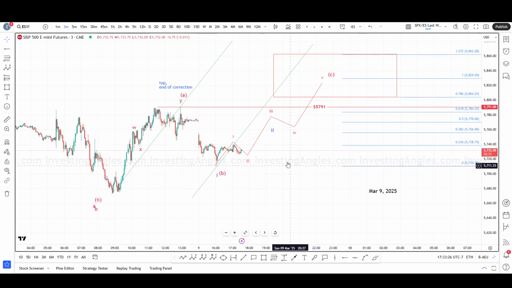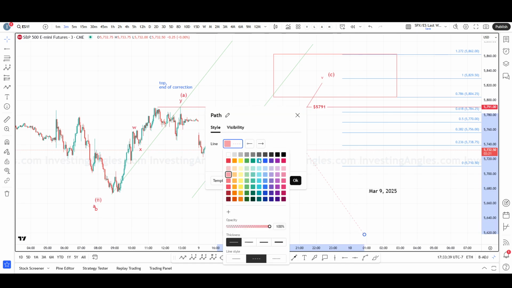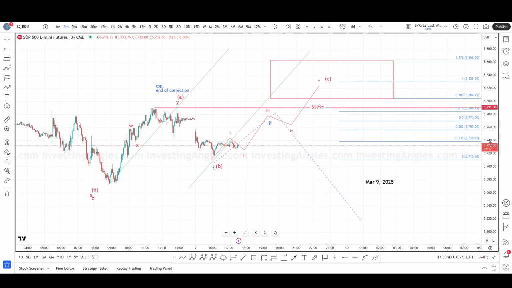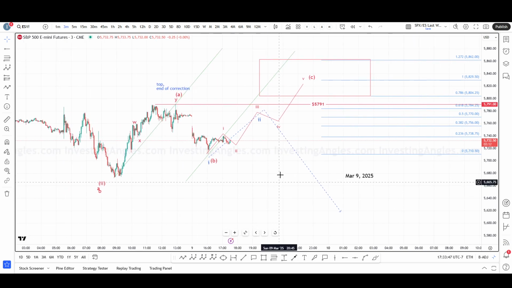Now, obviously, for the blue path, if it follows, then we would have this type of move, and then we would be looking for a lower low somewhere there. And obviously we will have to measure it, and there are techniques to measure this.